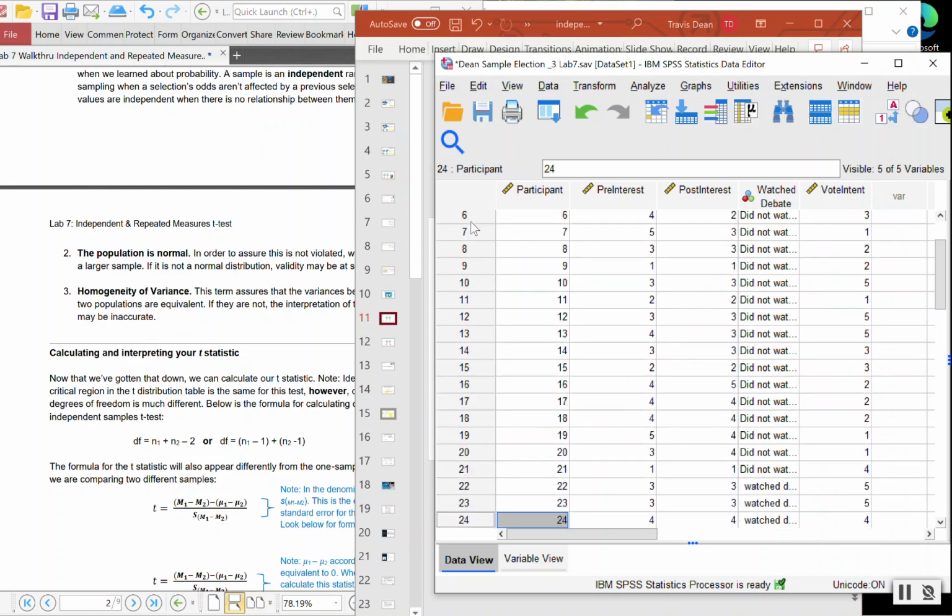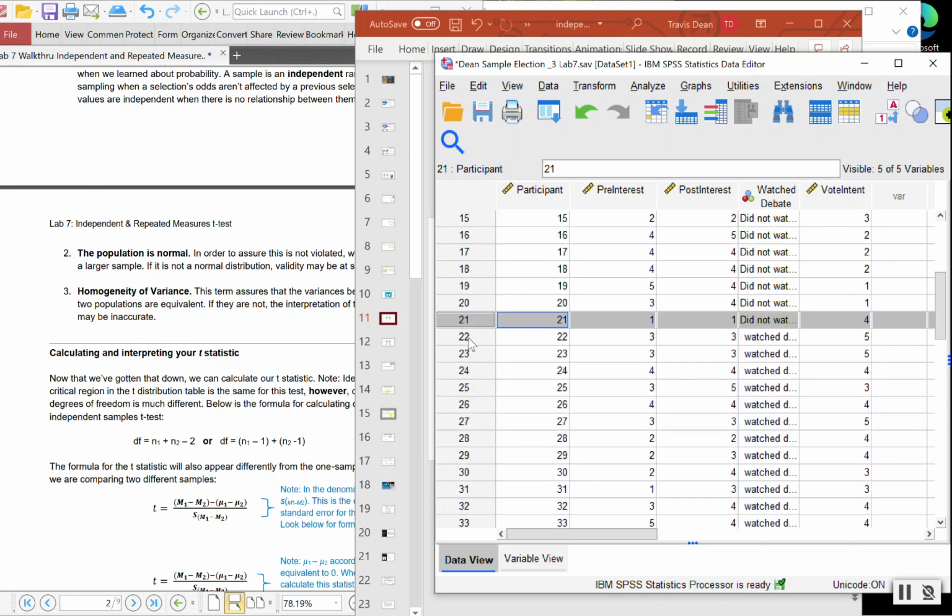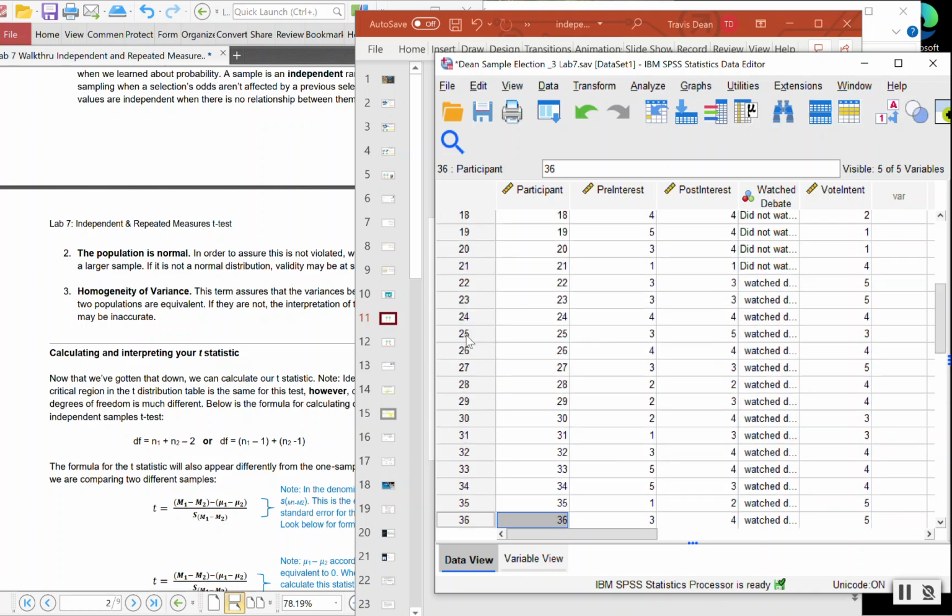But I have 21 participants for the category did not watch the debate, and then an additional 21 participants for the category did watch the debate. So I have 42 participants in total, 21 from category 1 and 21 from category 2.